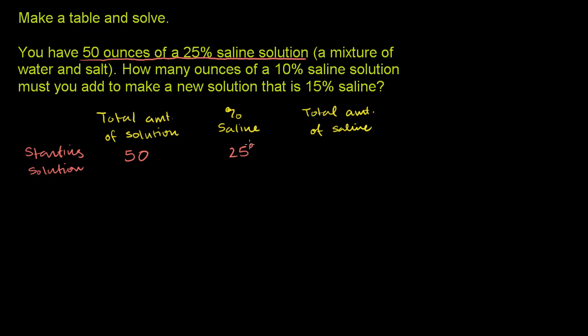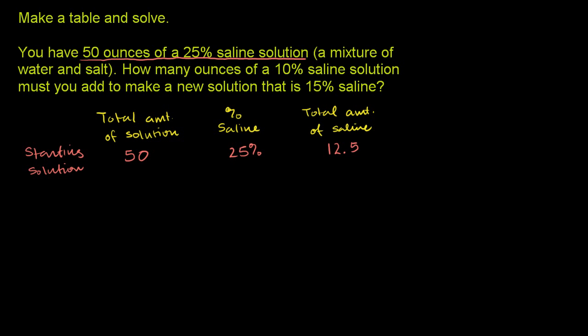So if we wanted to figure out the total ounces of saline, we have 50 ounces, multiply that by 25%, and we have the total amount of saline in this solution. So 50 times 25%, that's the same thing as 50 divided by 4. So that's 12.5 ounces of saline in this 50 total ounces. It's 25% saline.